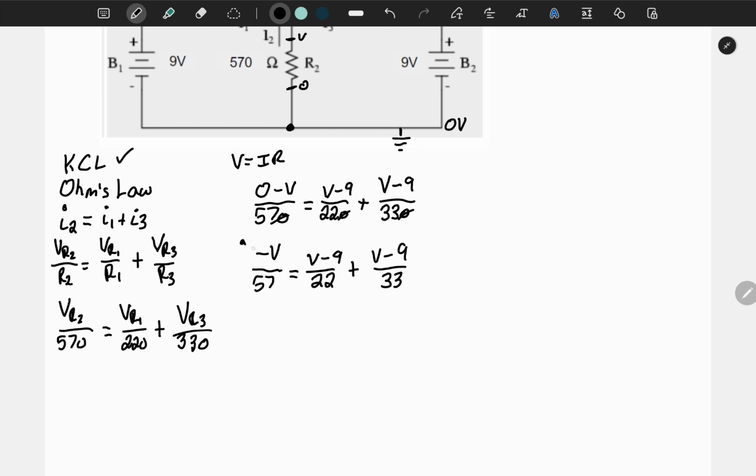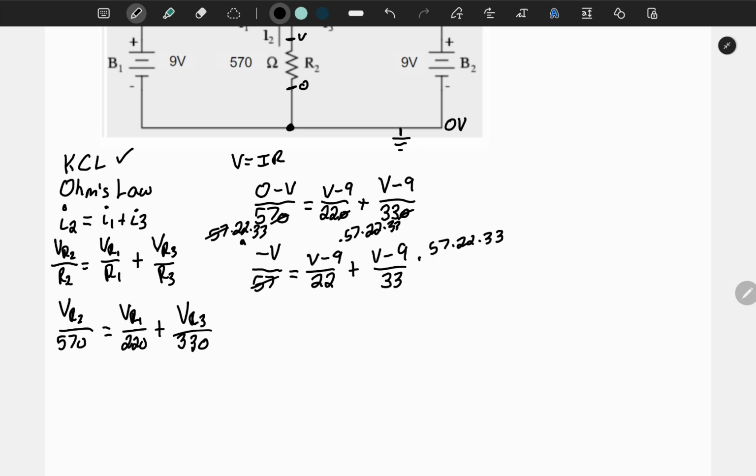And then I would just multiply everything by every denominator. So 57 times 22 times 33.